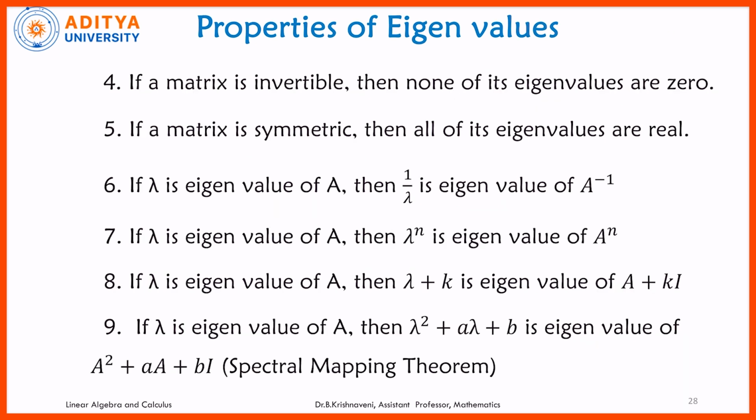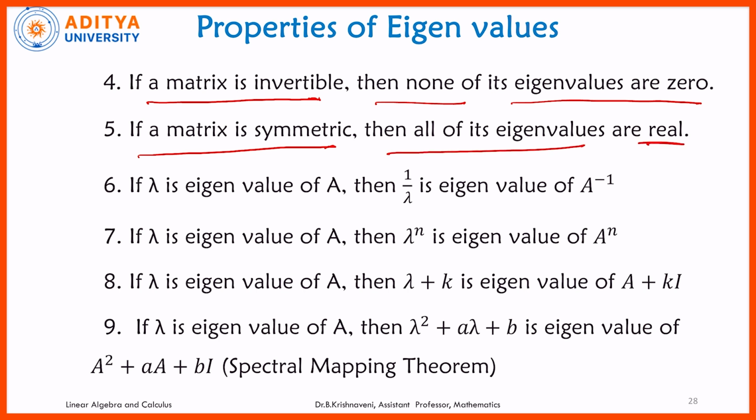Coming to the fourth property: if A is invertible, meaning the matrix has an inverse, then none of its eigenvalues are 0. Now, if the matrix is symmetric, then all of its eigenvalues are real.